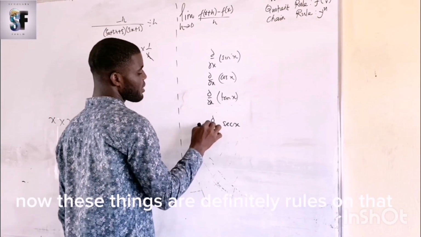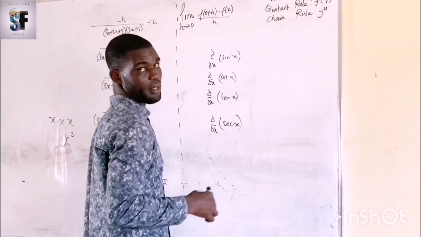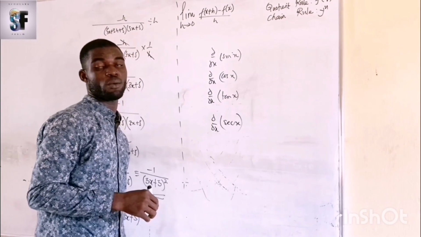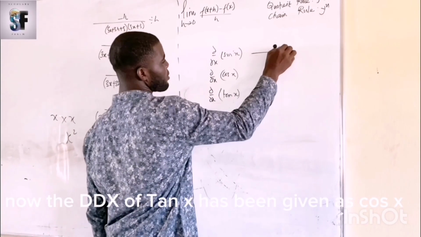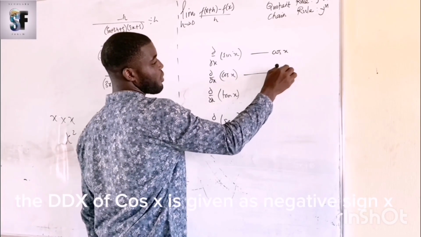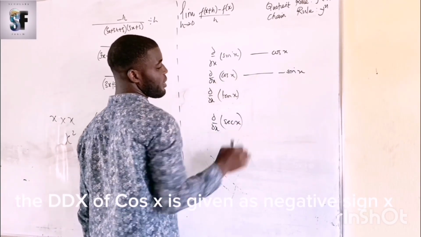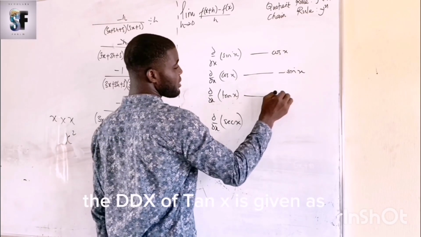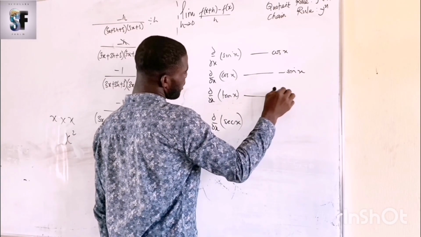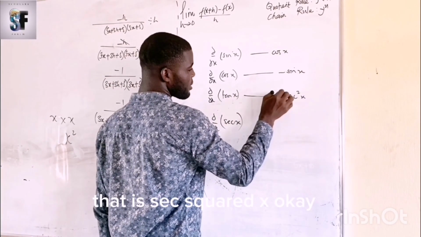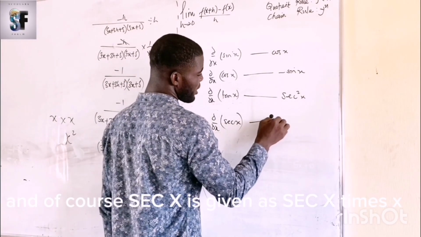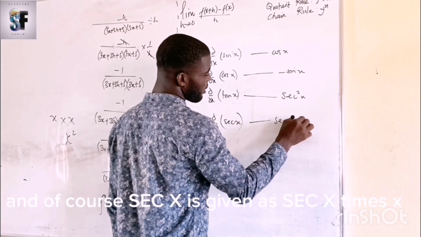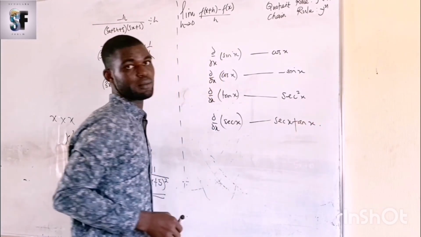These are definite rules that you do not need to study too much to find answers. The d/dx of sin x is cos x. The d/dx of cos x is negative sin x. The d/dx of tan x is sec squared x. And of course, the d/dx of sec x is sec x tan x.